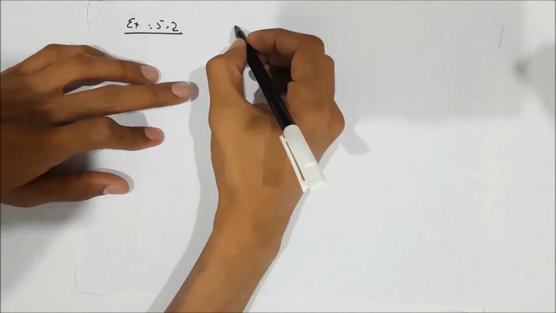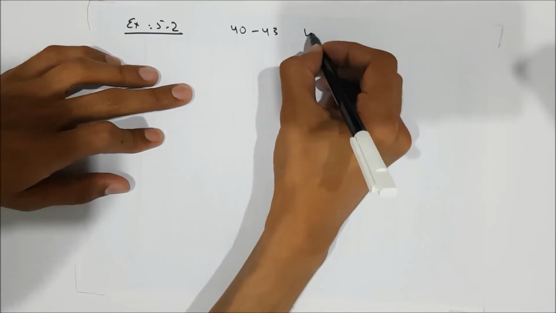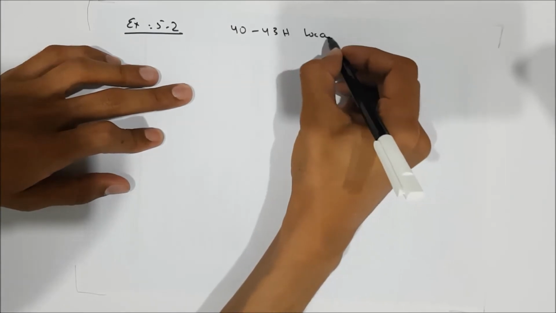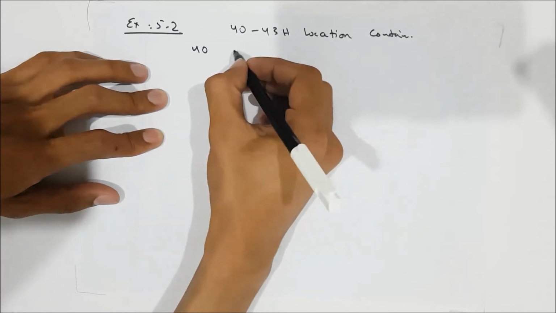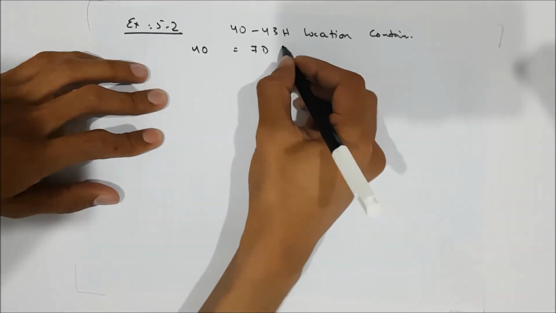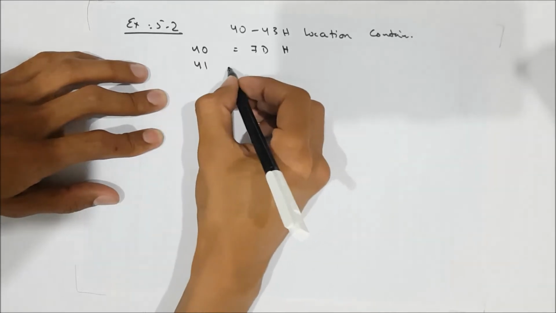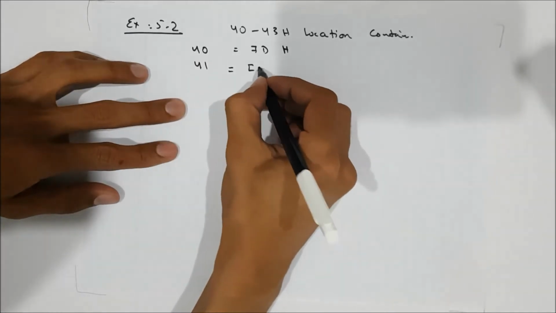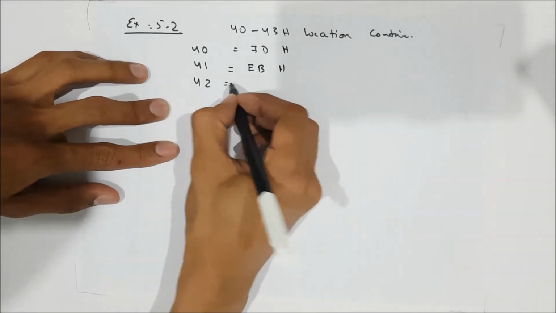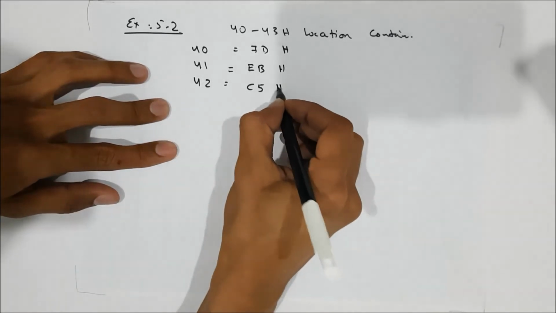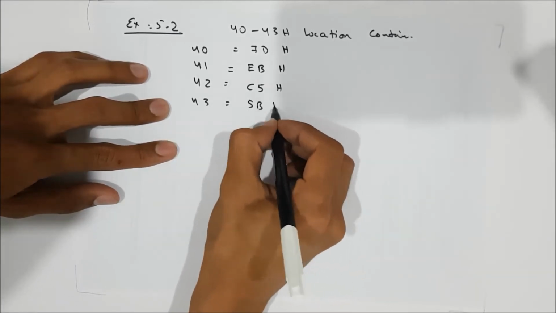The statement is that location numbers 40 to 43 hexadecimal: 40 is equal to 7D hexa, 41 is equal to EB hexa, 42 is equal to C5 hexa, and 43 is equal to 5B hexa.